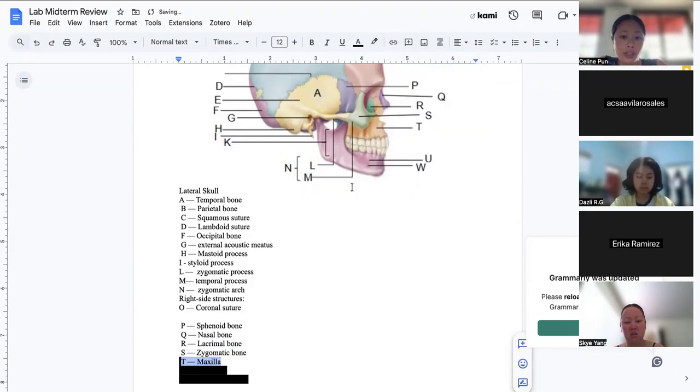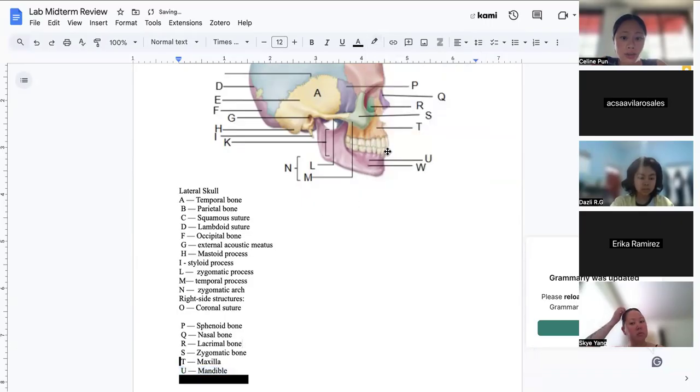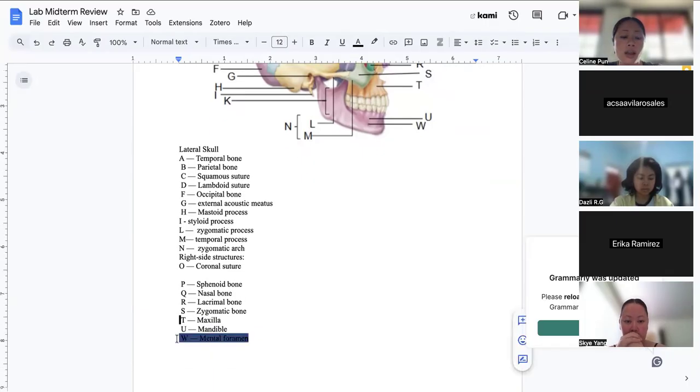And then U is the bottom bone, which is the mandible that we talked about earlier. The last one, W, the hole. Do you guys remember the hole? Your chin hole, where all of the nerves and blood vessels innervate to your teeth. This is your mental foramen.